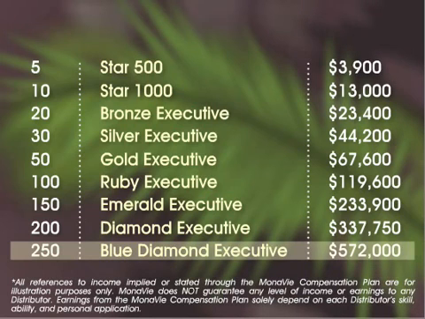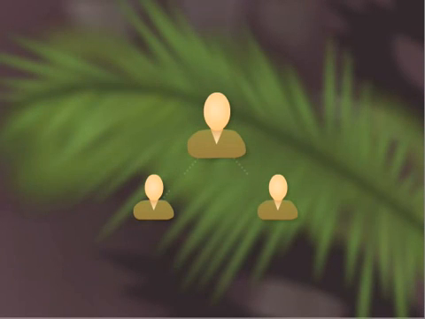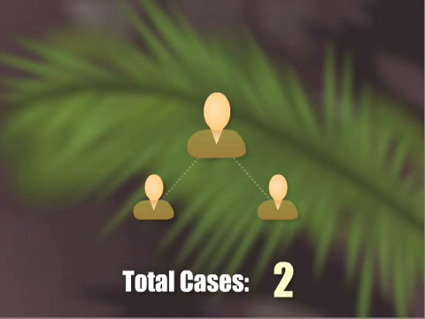So how do you grow your team volume to these levels? Let's take a look at a little scenario. Let's say within the next week, you're able to sponsor in 2 active distributors. One on your left, one on your right, each on a single case of Montevi. And remember, a lot of people come in on more than one case, but let's be conservative and say that each person only comes in on one case.